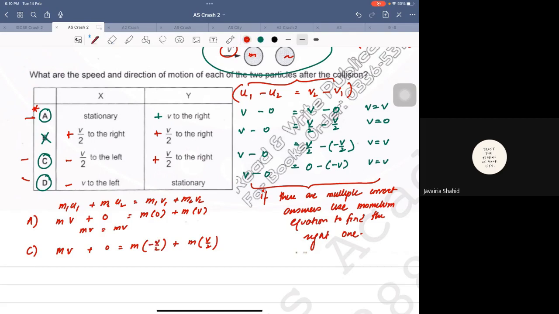So it's going to be mv equals to 0, because momentum is not conserved in this, so this could not be our answer. And then for D, it's going to be mv plus 0 equals to m minus v, and that's going to be m as 0. So now we're getting mv equals to minus mv. So that's not conserved as well. So this should not be the answer. Only A is correct. Do you guys understand now?